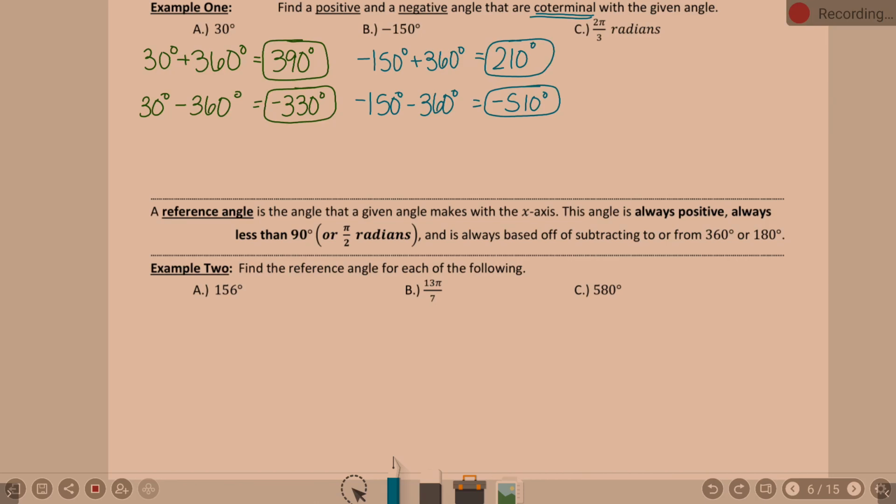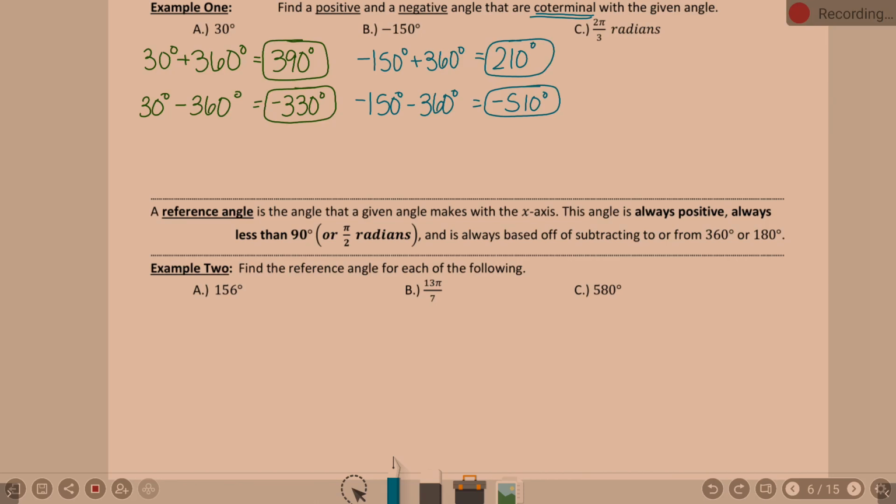Your answers should all be multiples of 360 apart. If I take 210 and subtract 360 and then subtract 360 again, I should get to negative 510. So for coterminal angles, you're adding or subtracting 360, until we get to part C.